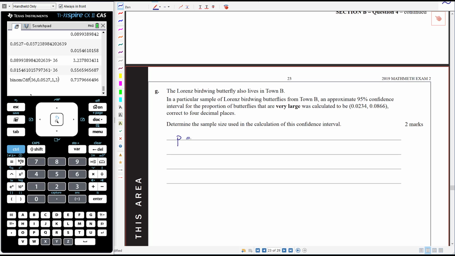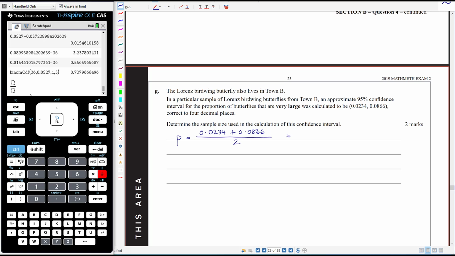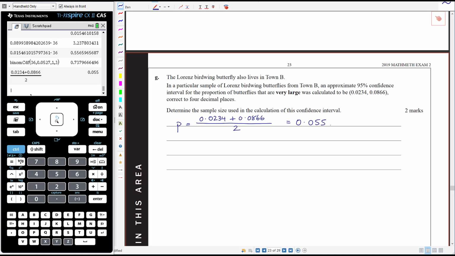So P is, and we're still in non-2020 content at this point, so I'm going to add them together and divide them by 2 to work out the middle. 0.0234 plus 0.0866 divided by 2, which gives me 0.055.